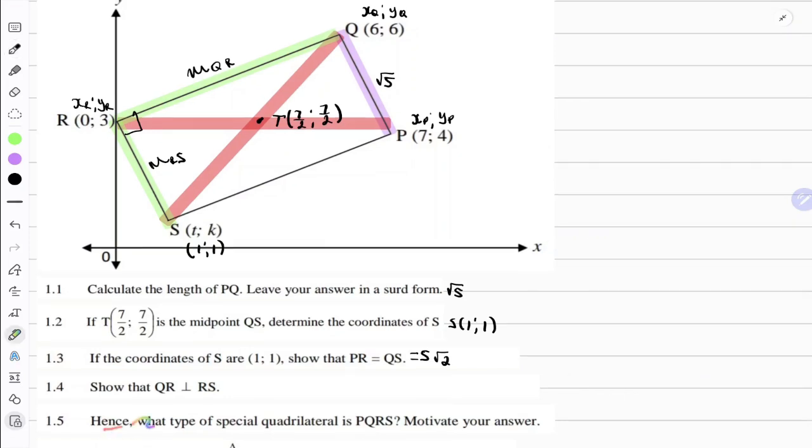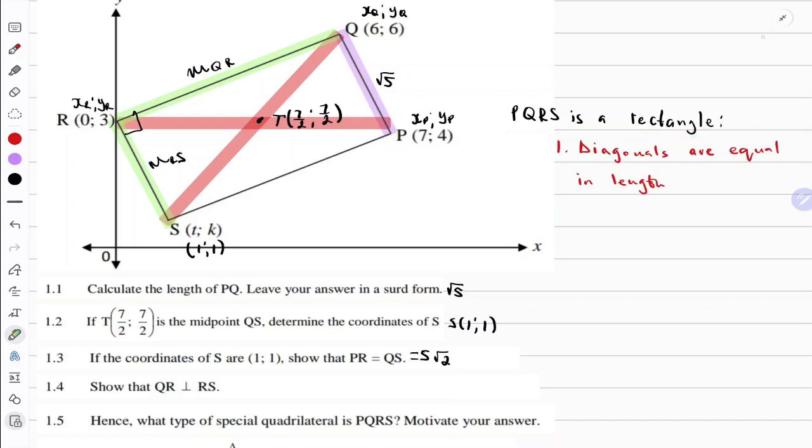So the next question says, hence, what type of special quadrilateral is PQRS? Motivate your answer. So we can say PQRS is a rectangle, and the reasons are the diagonals are equal in length. We know for a rectangle the diagonals are equal in length, and we've shown this in 1.3.